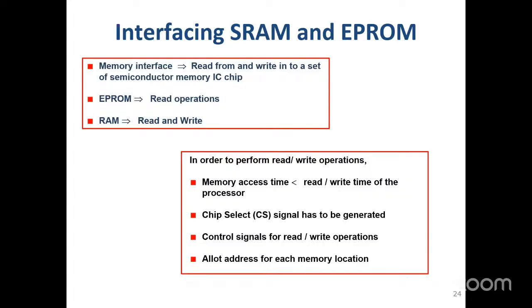If the chip select pin is not enabled, the device is not recognized by the processor. So all the external devices, the 8255, 8279 and memory interfacing devices, and a few more interfacing devices, all have the chip select pin. If it is enabled, then only the chip is recognized.